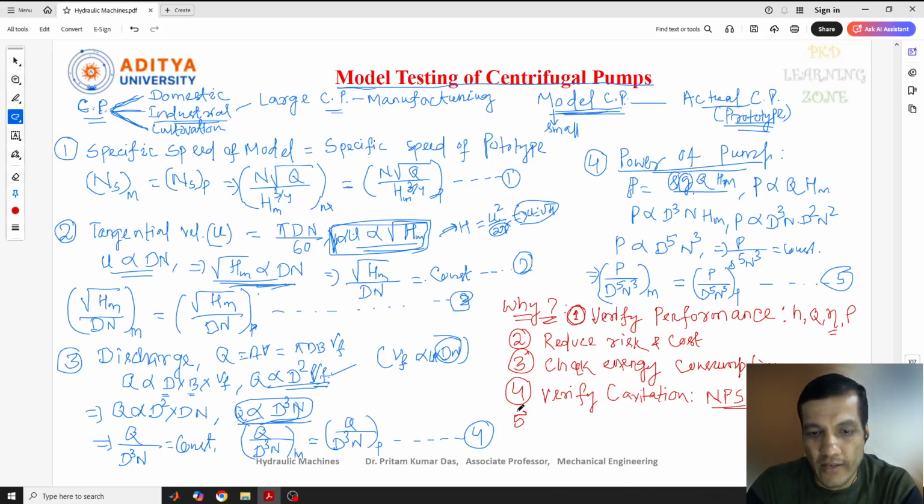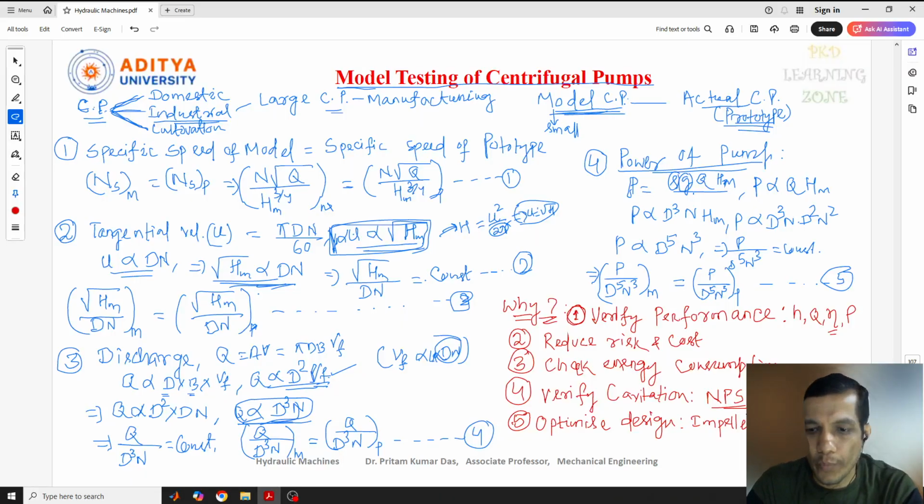And the last one, the final one, is that we can optimize the design. What is the meaning of optimizing the design? In the pump, many parts and components are used. One of the components, we know, is the impeller, and apart from that there is the casing. In the impeller, different blades may have different sizes and shapes.